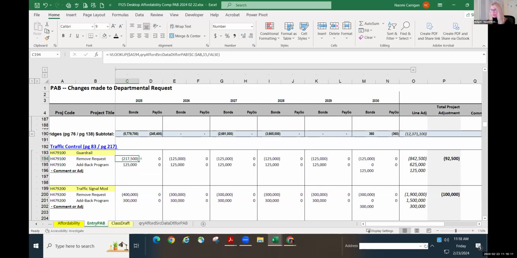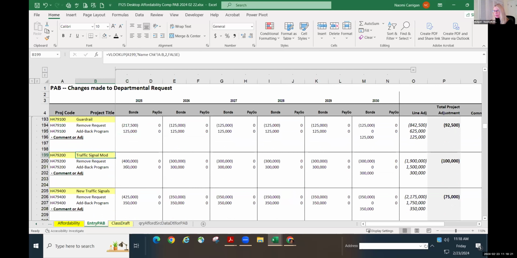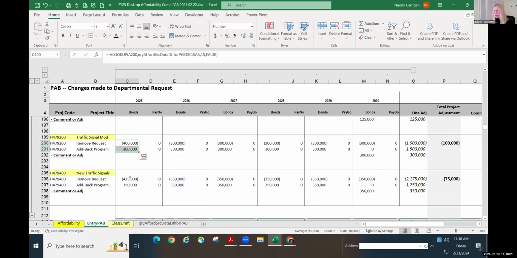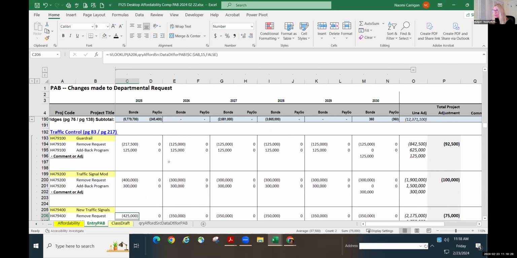For guardrails, it looked like they wanted $220,000 approximately. It was brought back to plan for 125. And that's the same for traffic signals. It was brought back to plan. And new traffic signals brought back to plan. The out years, they kept it planned, so we don't need to worry about that.